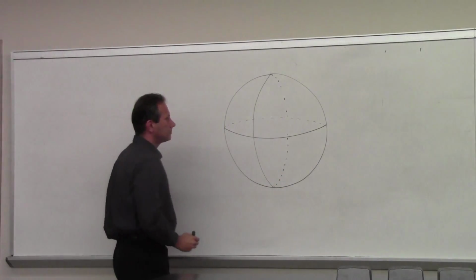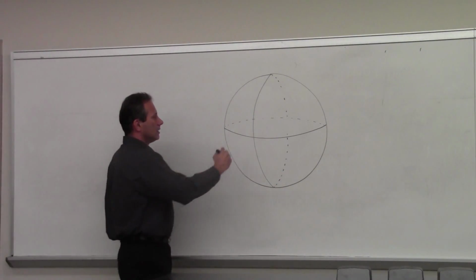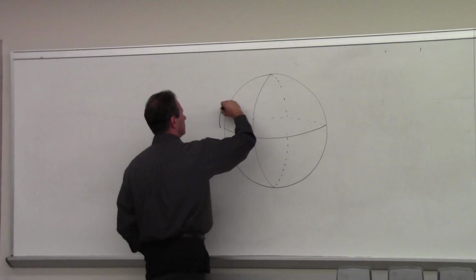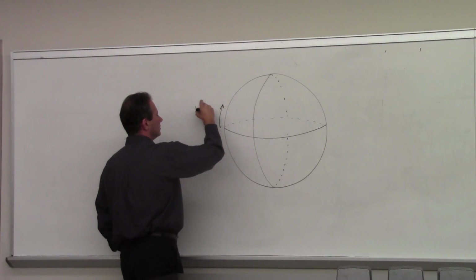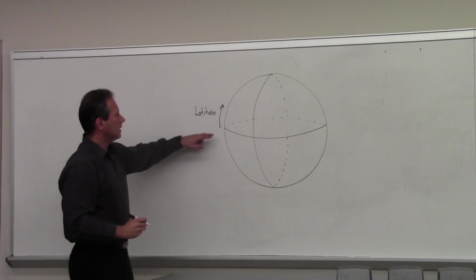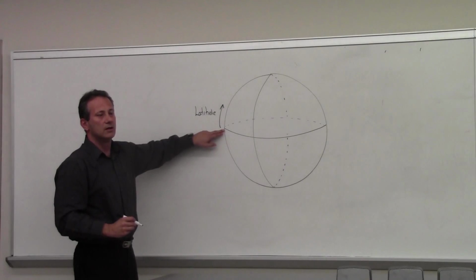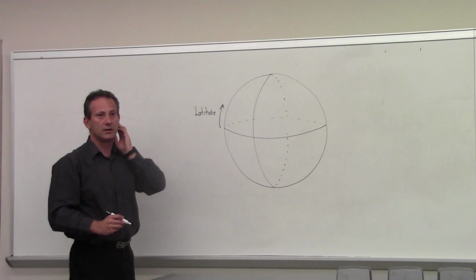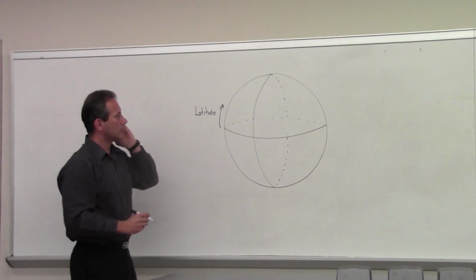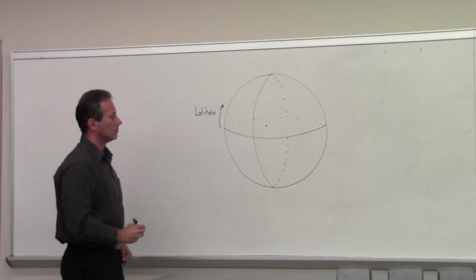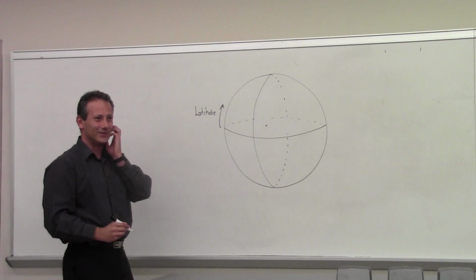We define two angles. This angle is called latitude, right? And it tells you how far you are from the equator in angular units. This is the center of the world, right? Center of the Earth.